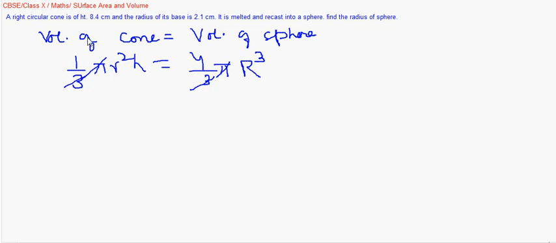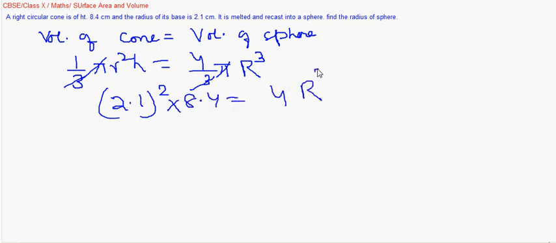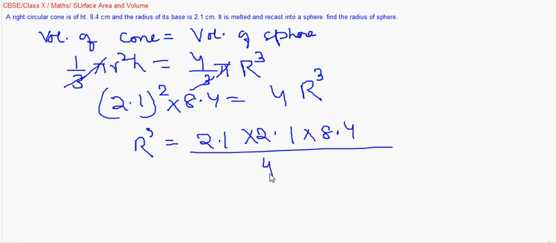Now r is given to be 2.1, so it is 2.1 square. Height is 8.4, here is 4. R cube is to be calculated, so R cube is 2.1 into 2.1 into 8.4 by 4, and then we need to find the cube root.